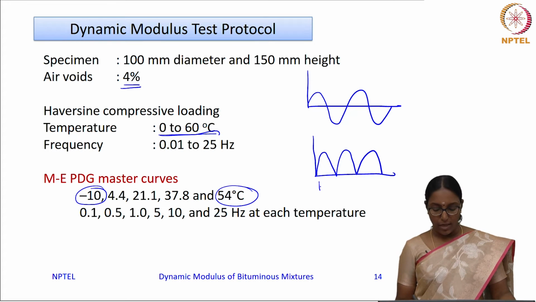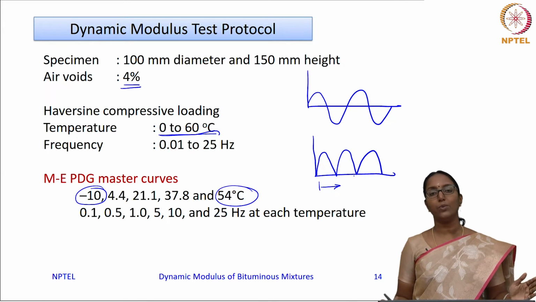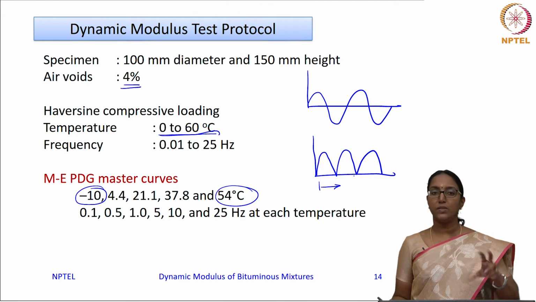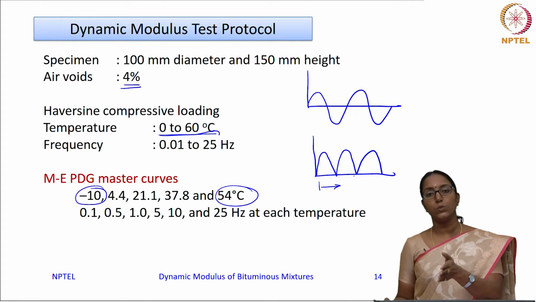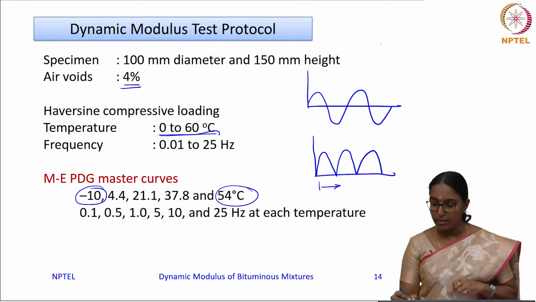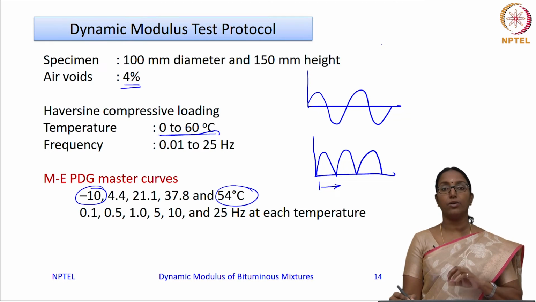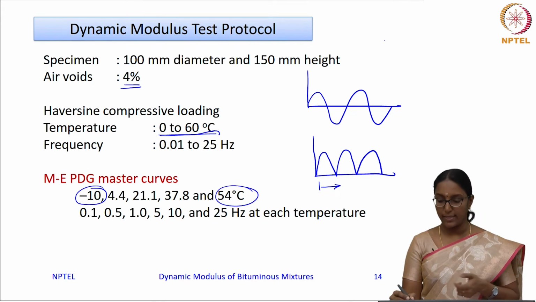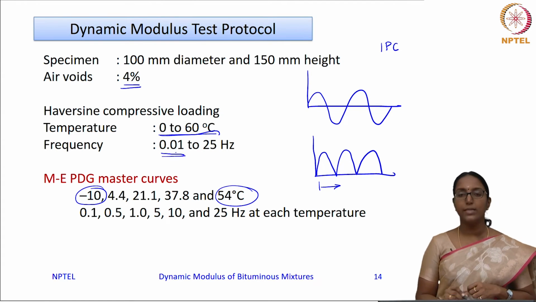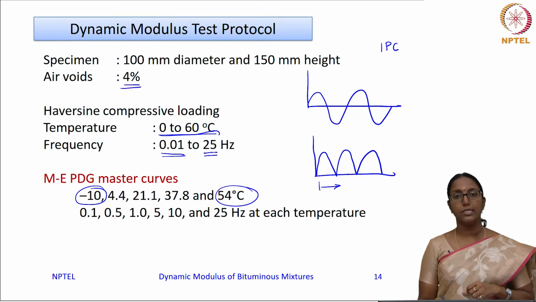Now, this frequency you can choose from a high frequency to a lower frequency, as I said, to represent fast moving vehicles as well as slow moving vehicles. In the simple performance test apparatus or the asphalt mixture performance tester by IPC, it is possible to go from a frequency as low as 0.01 Hz to as high as 25 Hz.